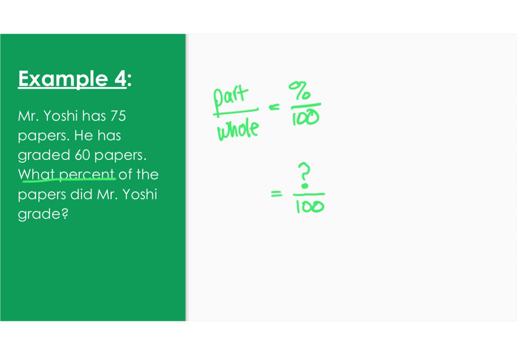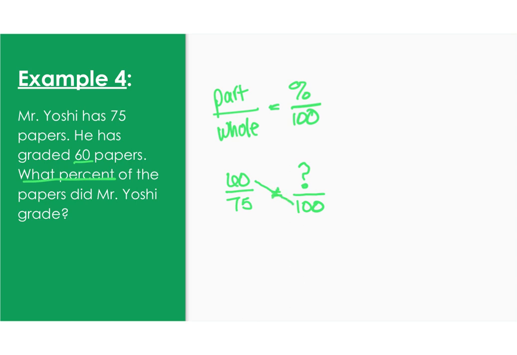What is my part? He has 60 papers graded, and he has a total of 75 papers to grade. So now we're going to do the same thing. When you look diagonally across, you're always going to have an unknown. And wherever there's not two unknowns, you're going to multiply across.